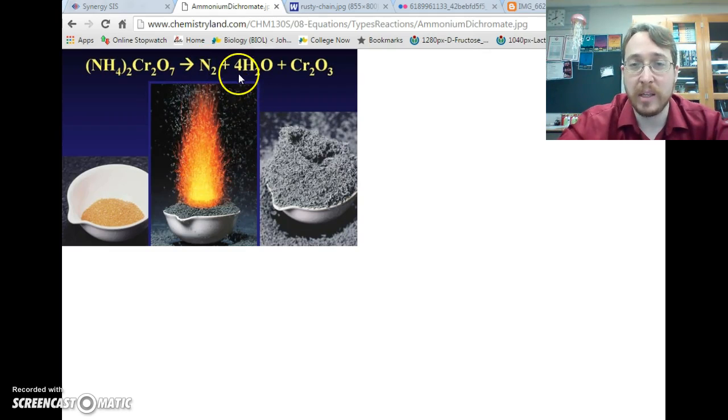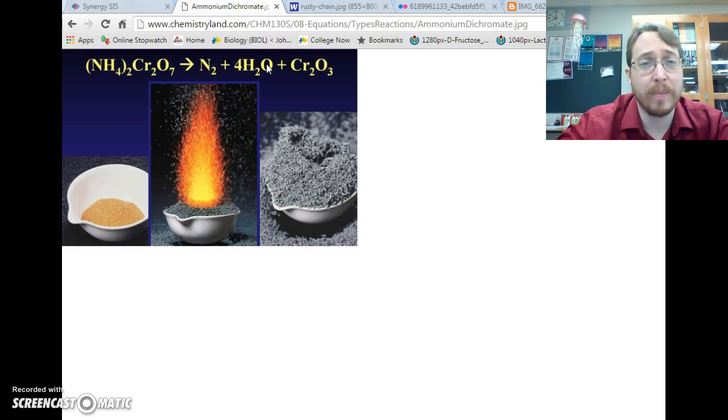So this we can't really see in the picture because it's just a gas in the air. Water, but because it's so hot, this can turn into water vapor, so it's going to evaporate almost right away, so that's going to be in the air. And chromium 3 oxide, which is what this leftover gray powder stuff is in this reaction. So this is another decomposition reaction.